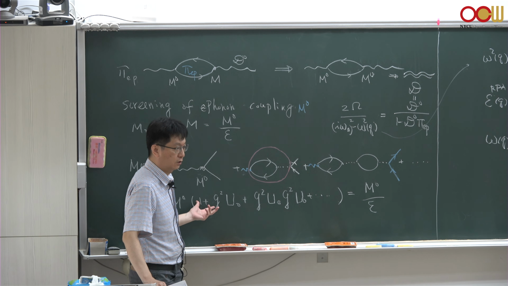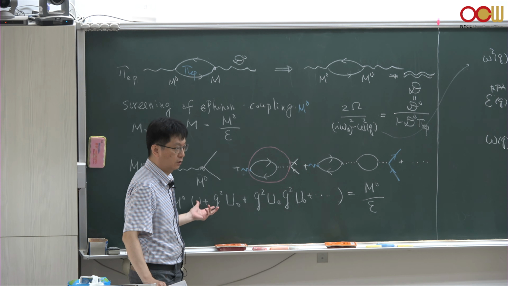So as a result, you could simply sum over this geometric series, and you get exactly the same dielectric function that you are familiar with when we screen the Coulomb potential. So the renormalized electron-phonon coupling M as a function of q is given by M0, which is the bare electron-phonon coupling, divided by this dielectric function. So remember, we have similar relations. The screened Coulomb potential U effective is given by u0 divided by epsilon, right?